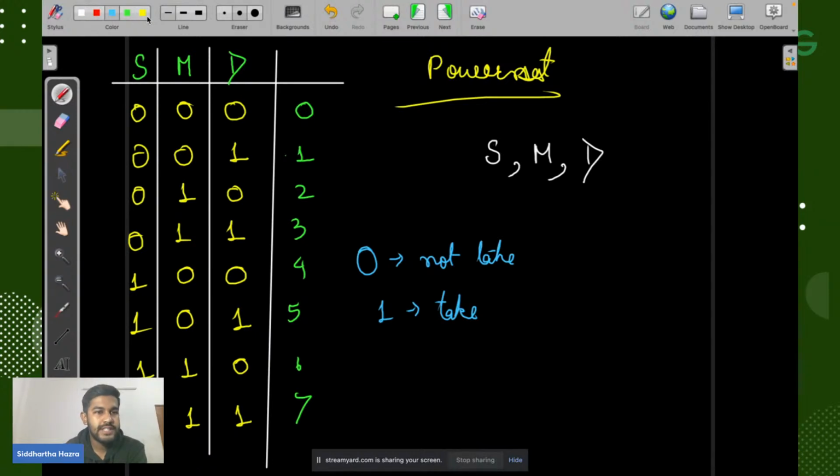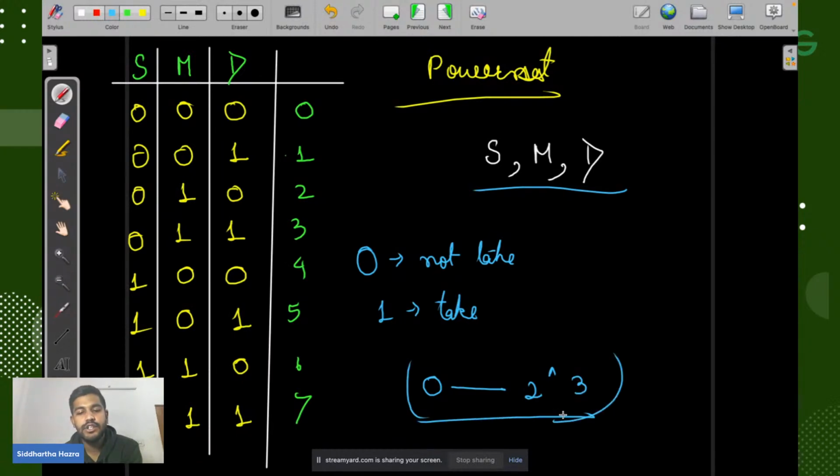This is just a fact: the way of selecting three folks is nothing but the binary representation from 0 till less than 2 to the power 3. The binary representation of all this would tell you this.